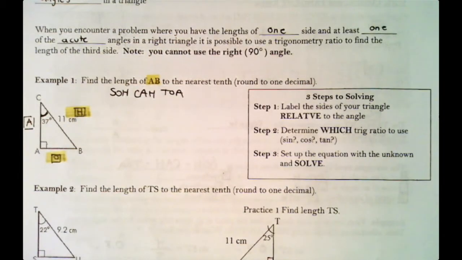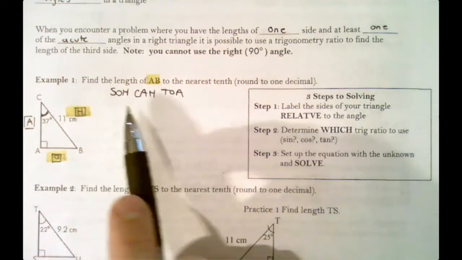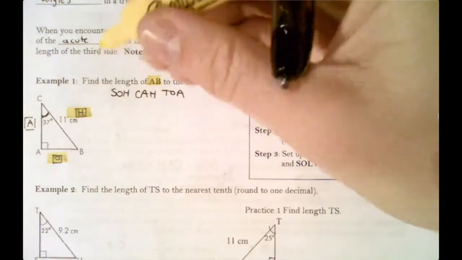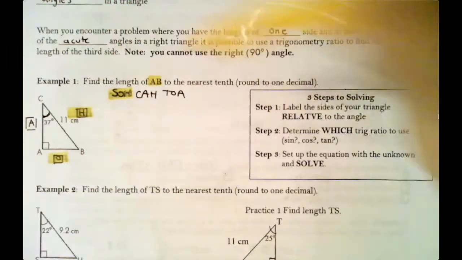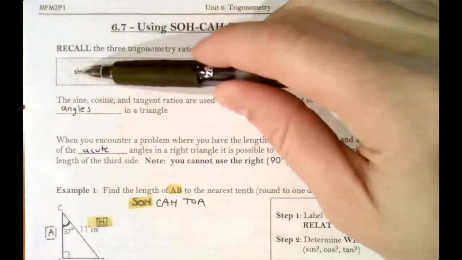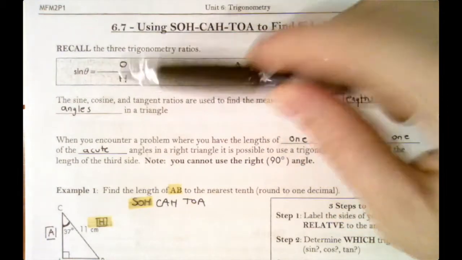And we look, O and H will only be in the word SOH, CAH, or TOA. And it's in the word SOH. O H is in SOH. So that means we get to use the equation sine theta equals O over H.